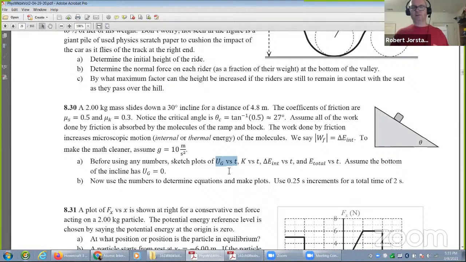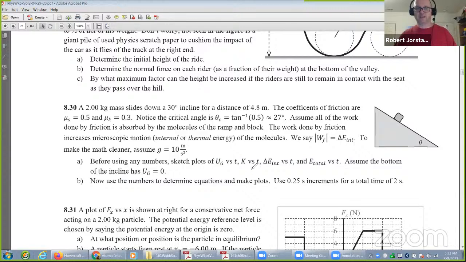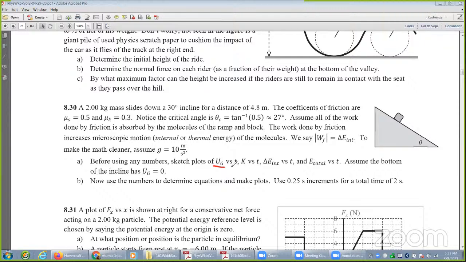I want the potential energy due to gravity versus time for a block on a plane as it slides downwards. So first, tell me, is the potential energy due to gravity going to be a constant, or is it going to be changing? Let's start with that. Constant.